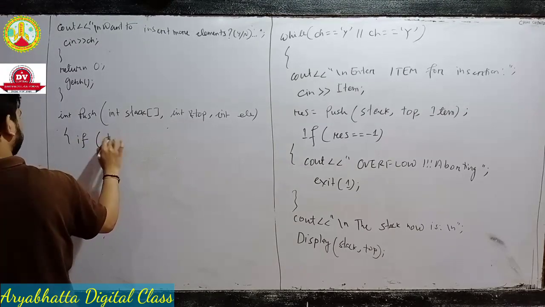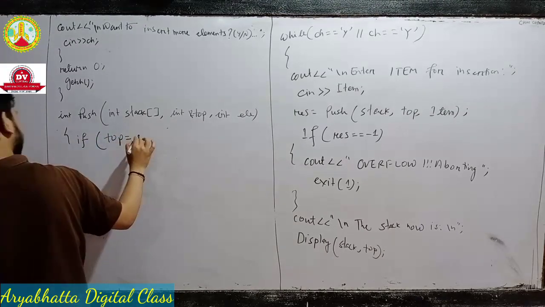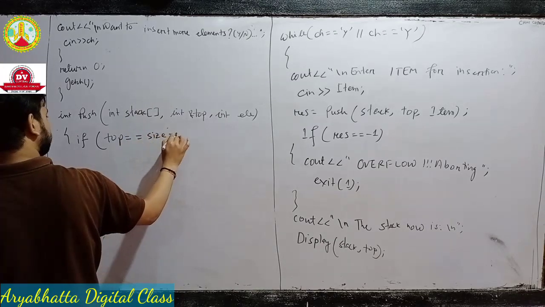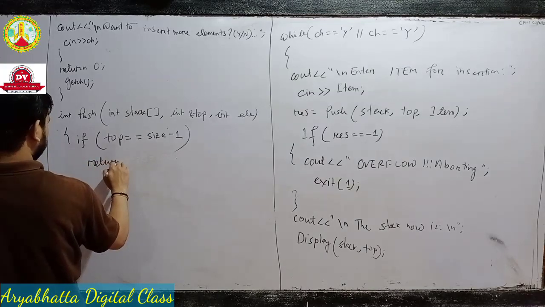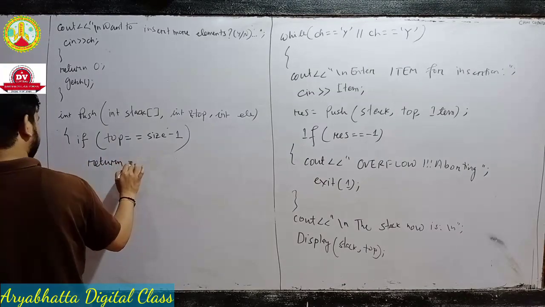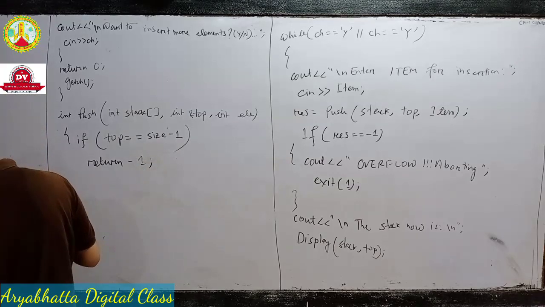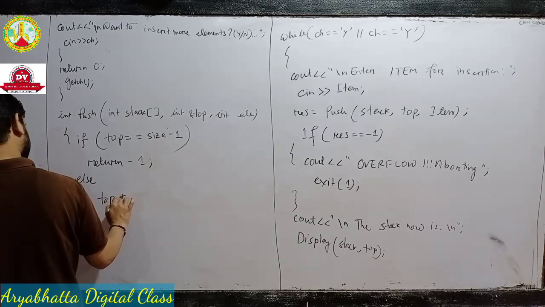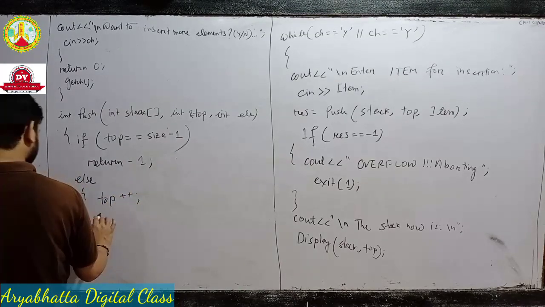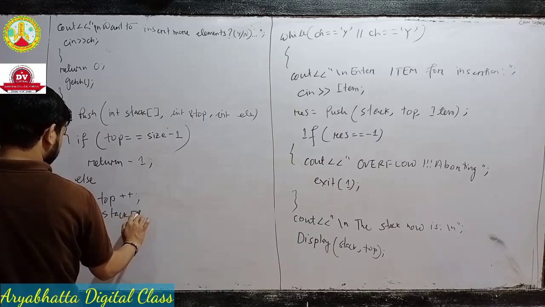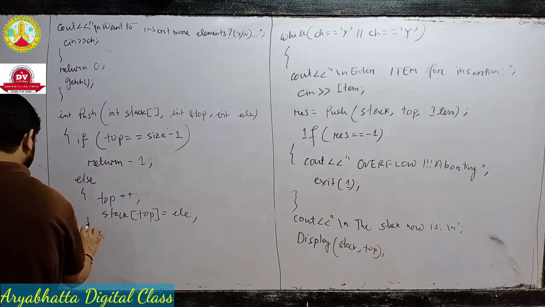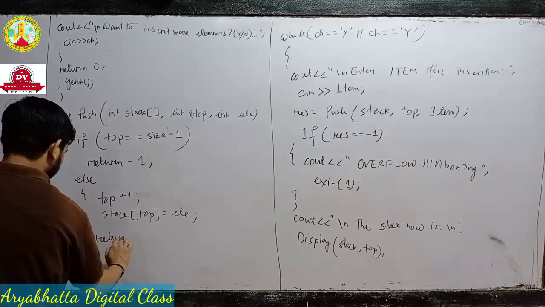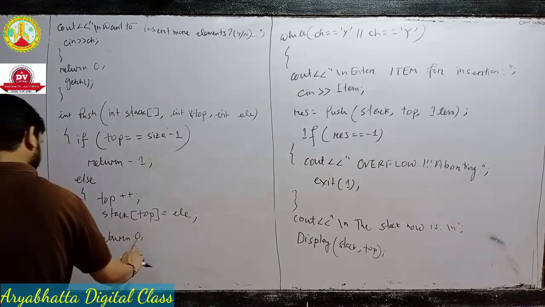If top is equal to size minus 1, means your stack is full, return minus 1. Else, if the stack is not full, your top will be incremented and in your stack the top element will be inserted, return 0.